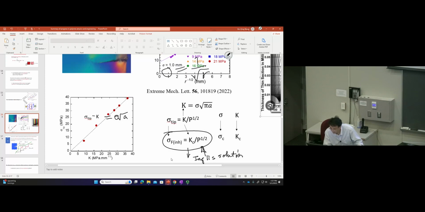In retrospect, remember I introduced the Inglis solution, but we actually didn't appreciate what Inglis was telling us until we saw experiment telling us. In other words, this linearity between tip stress and how much you are stretching remotely is linear, and this holds all the way to the point of fracture.